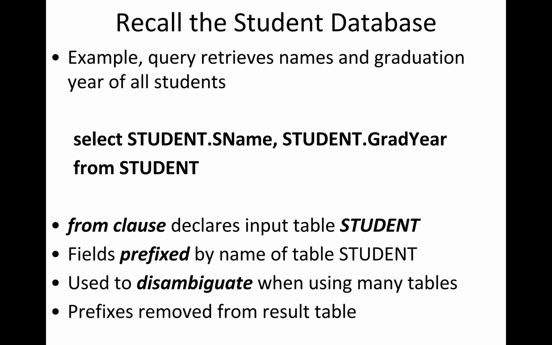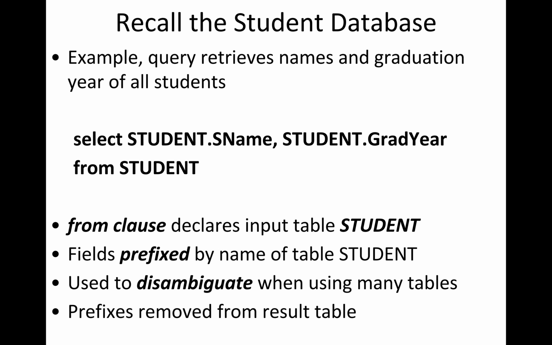Notice that the fields are prepended with the name of the table. If there's only one table, the prepending of the student in front of the field is unnecessary, though the from clause allows you to specify multiple tables, especially if you're doing a join. It's implied that those are the fields you're getting from that particular table.